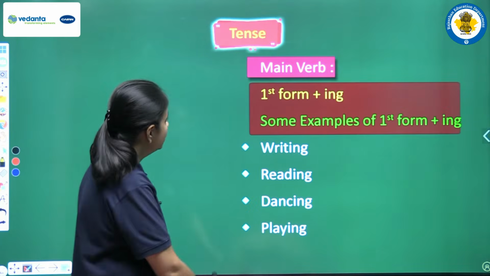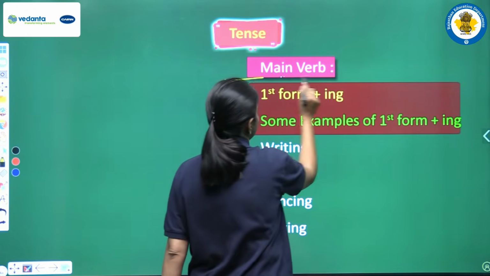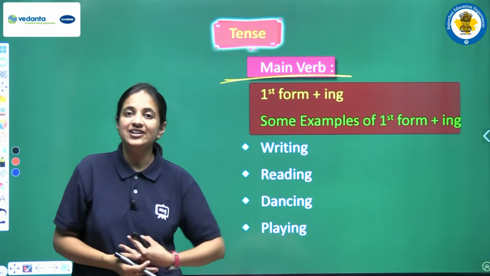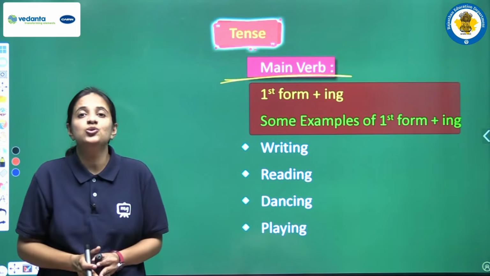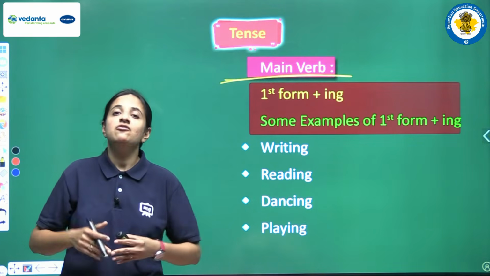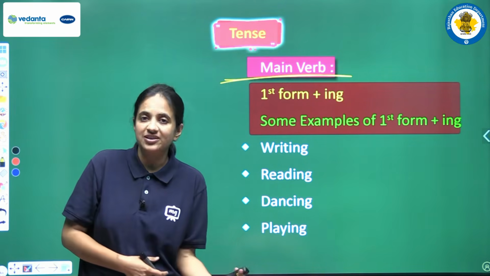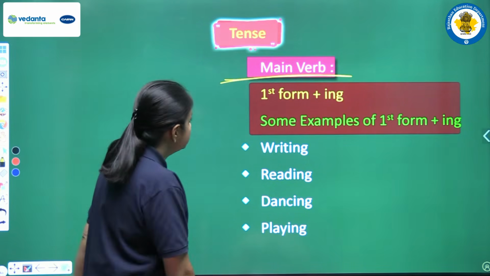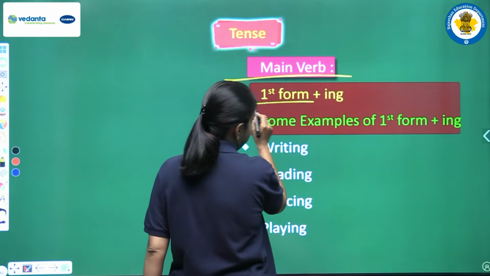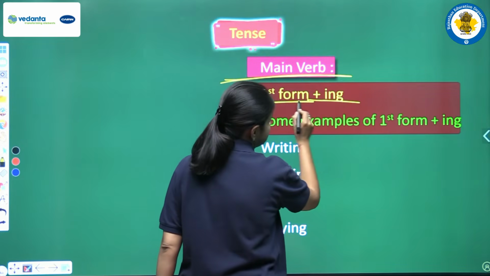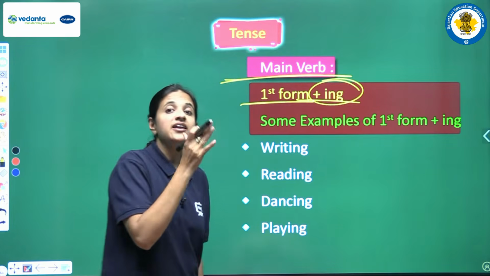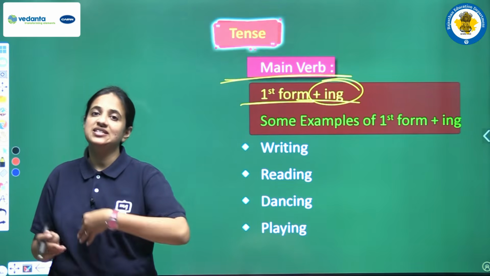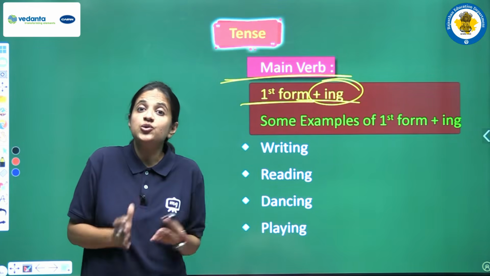Clear? Next, moving on, now we have main verbs. Each and every tense has different rules for which form of the main verb will be used in that tense. So let's see in this tense. In this tense, we will use the first form of the main verb, and to that first form we will add ing, okay? Like in the previous video, we saw that in present simple tense we were adding s or es, right?